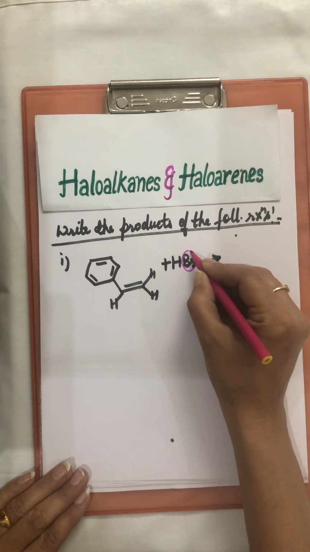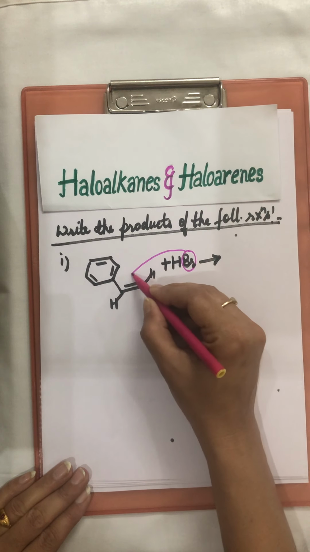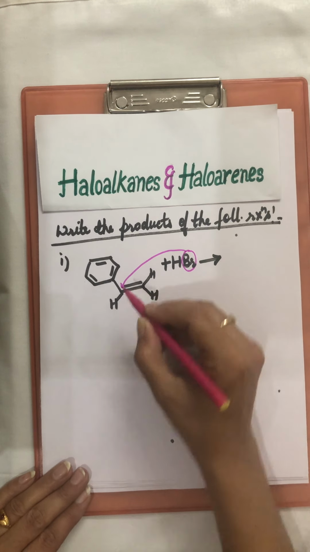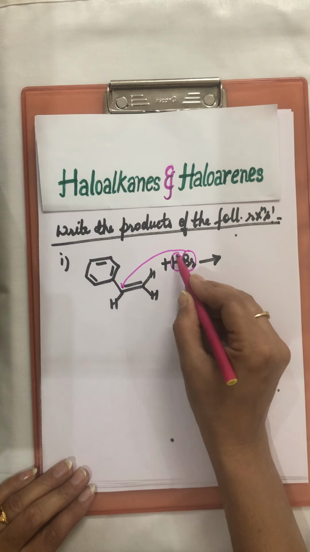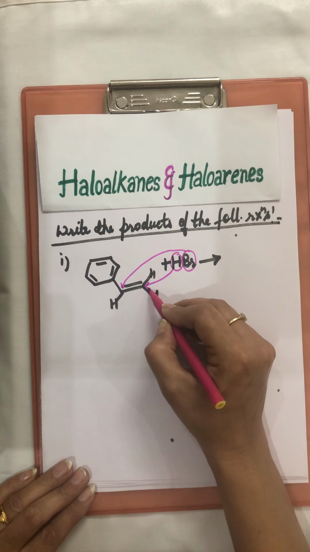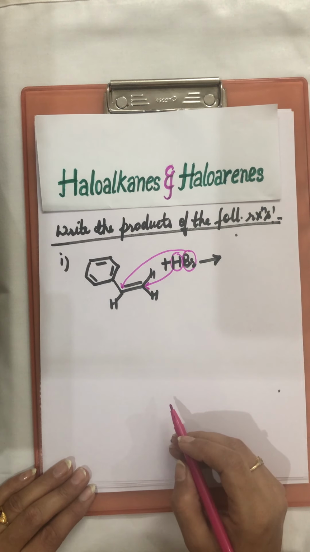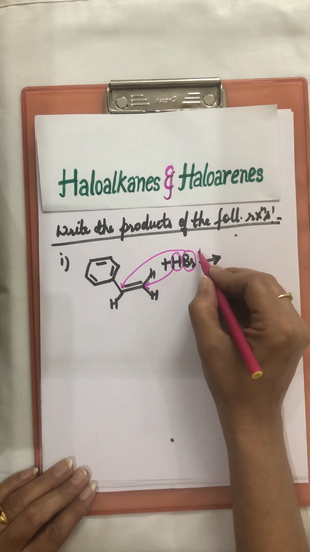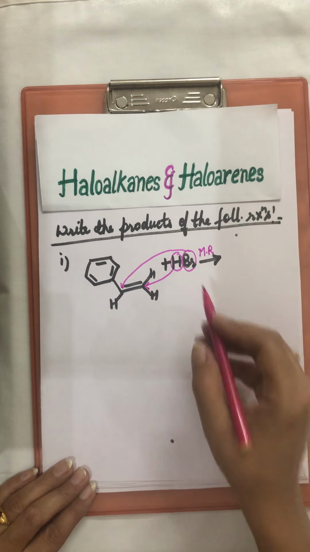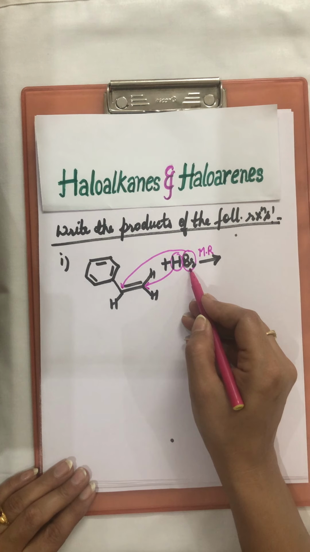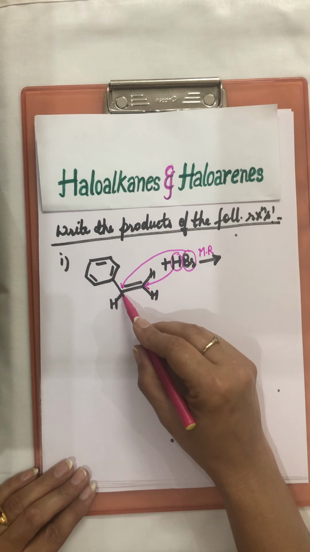Br will add to this side of the double bond where hydrogen atoms are less, and hydrogen will add to this side of the double bond where hydrogens are more in number. This rule we already know is called Markovnikov rule, where the negative part of the addendum adds to that side of the double bond carbon atom where hydrogen atoms are less.